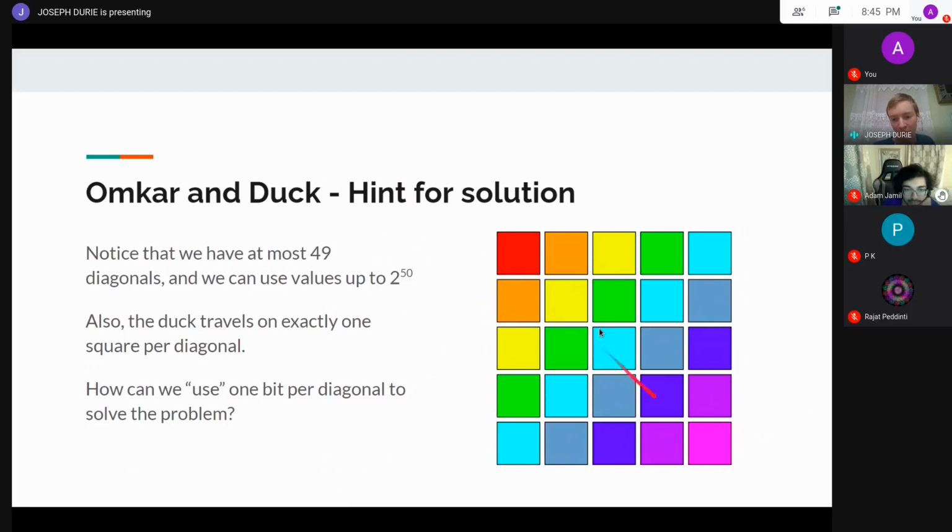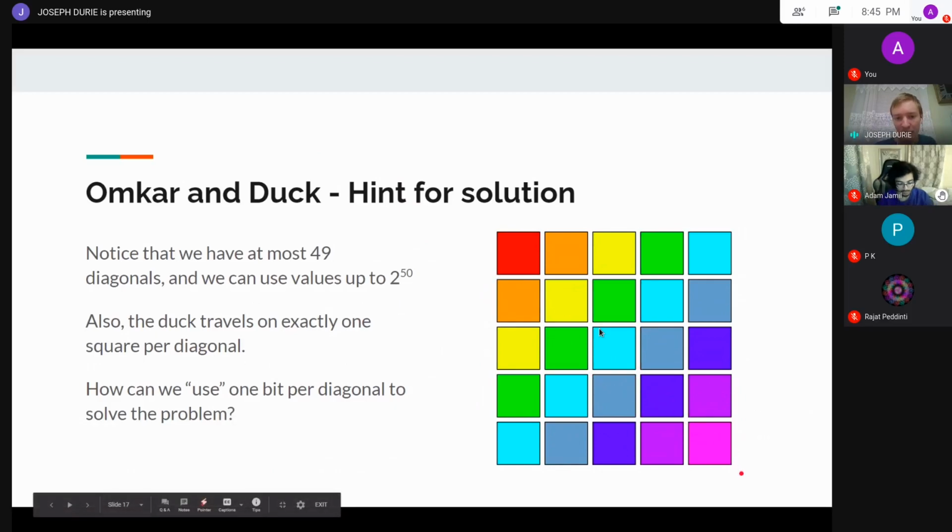So we have at most 49 of these. And we can use Aij values that are up to 2 to the 50. Another thing to notice is that along the path, the duck is going to travel on exactly 1 square per diagonal. So now the idea from here is, how do we use 1 bit per diagonal to solve the problem?